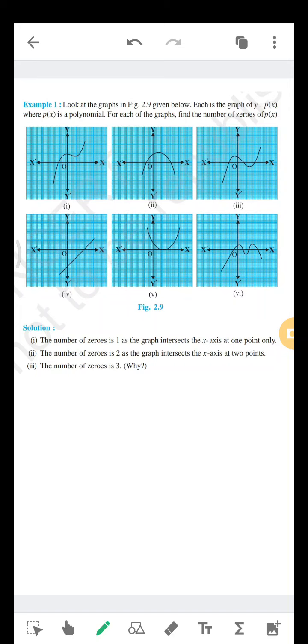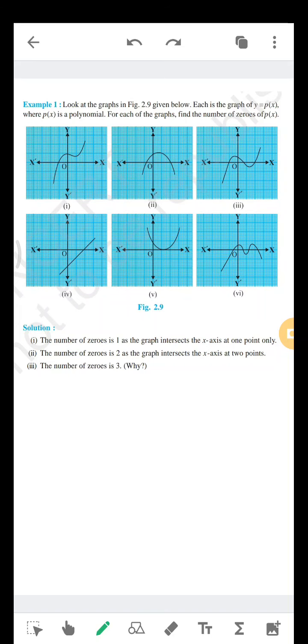This is your x-axis. So you should see the graph is cutting the x-axis at how many points. The graph is cutting the x-axis only at one point. We should not consider the y-axis, because this is a polynomial in variable x, so we should take the x-axis points of intersection with the graph.